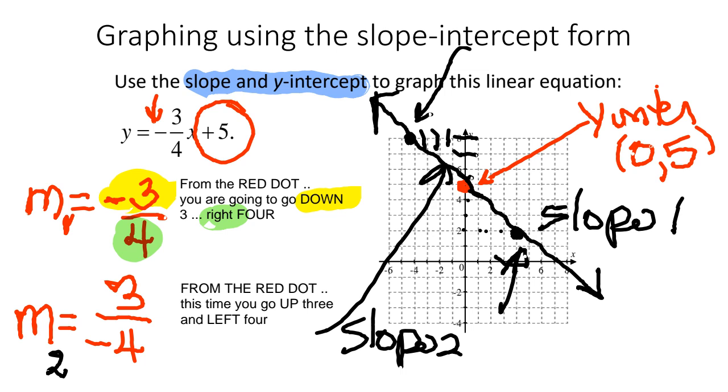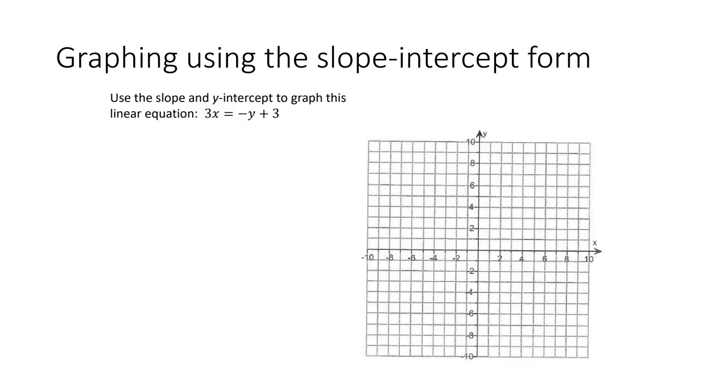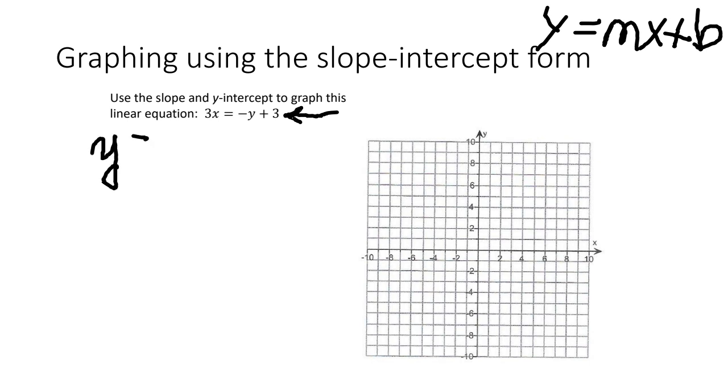Okay, now this one, you gotta be careful. It has got to be in the form y equals mx plus b. Well, if you look at this one, add y to both sides, and then subtract 3x.